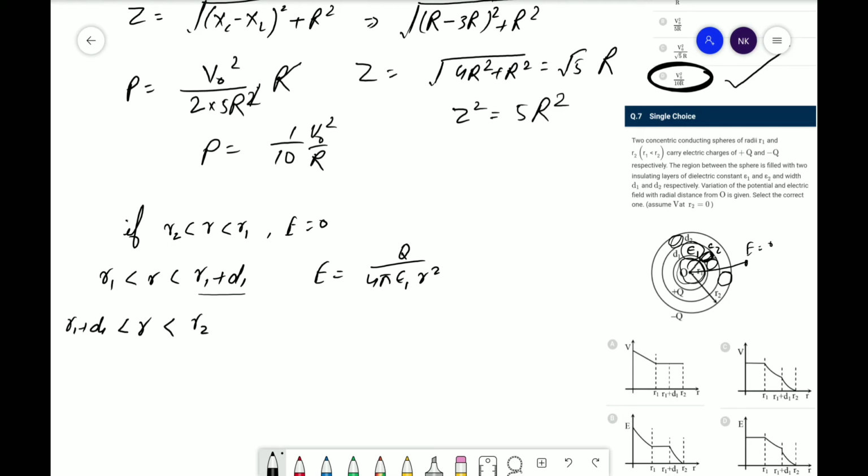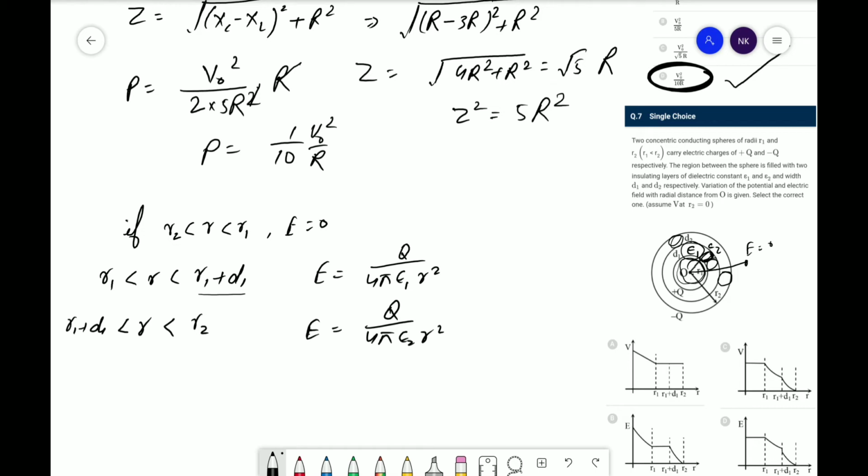In this case the electric field will be equal to Q upon 4 pi epsilon 2 r square, and in the rest of the conditions the electric field intensity will be 0.